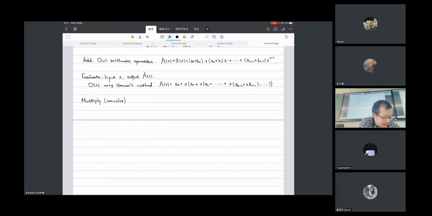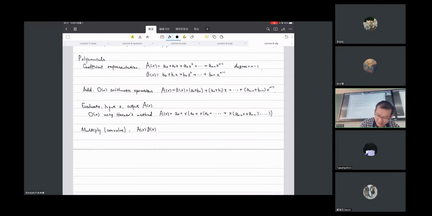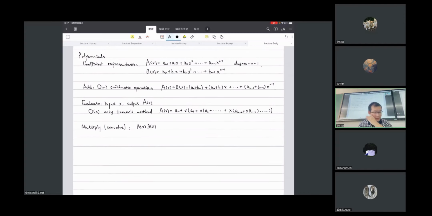This is probably going to be a little bit complicated because in this case, A(x) times B(x). So just think about what this is going to be. You have these two polynomials here, and this is now going to equal the summation of i equals 0. Because both polynomials have degree at most n minus 1, the final output should be of degree at most 2n minus 2.